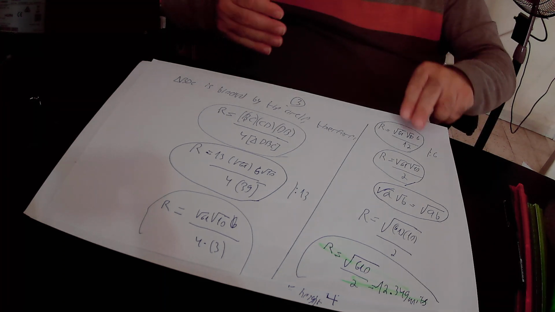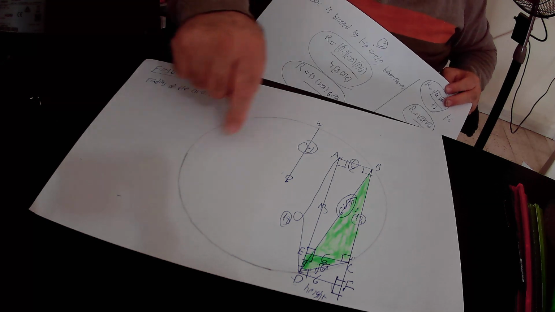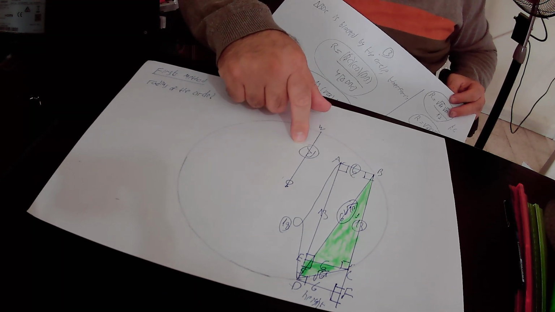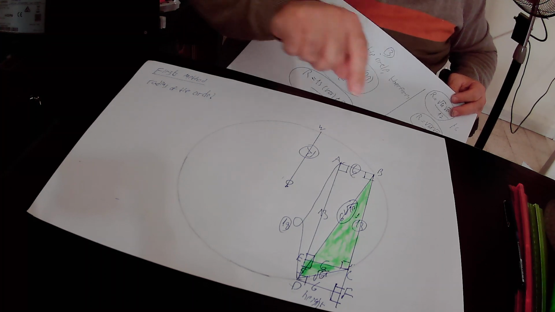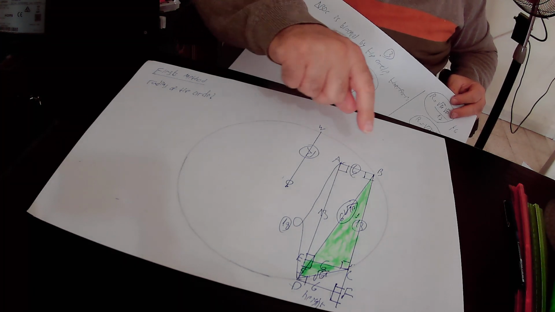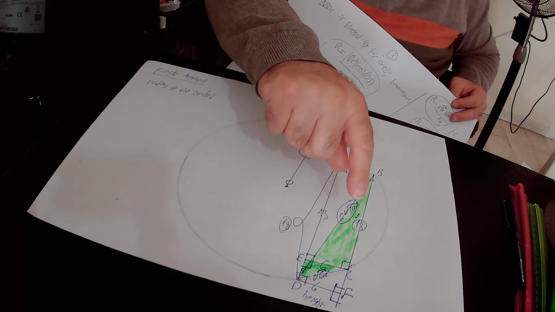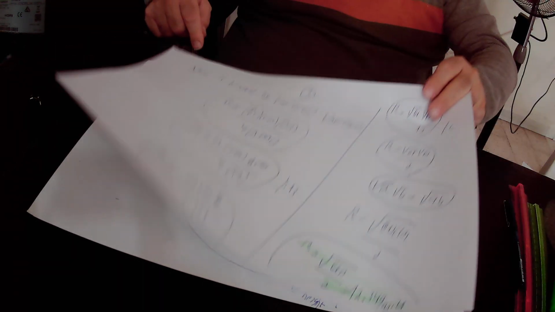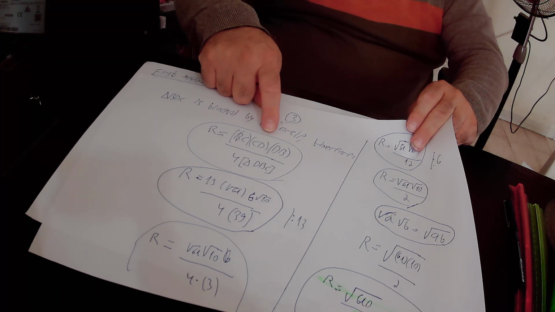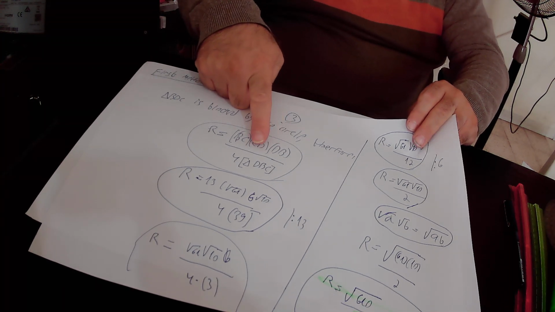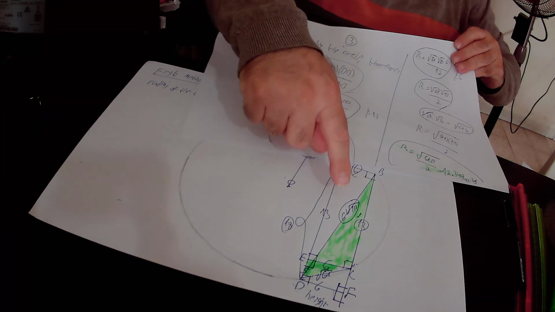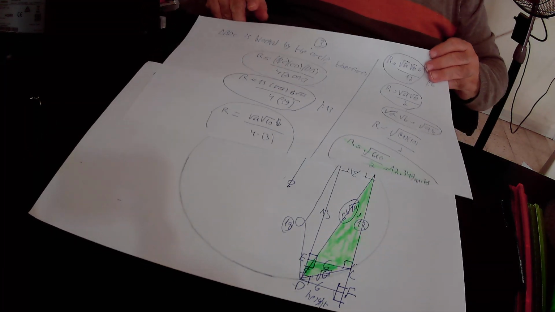According to rule number 1, here we define the radius of this circle as capital R. Capital R equals the multiplication of the side lengths of the green triangle by each other. This is BC times CD times BD, over 4 times the area of the green triangle BDC.